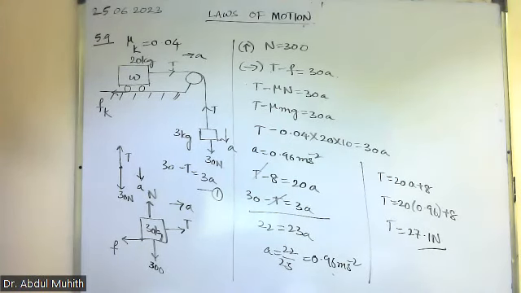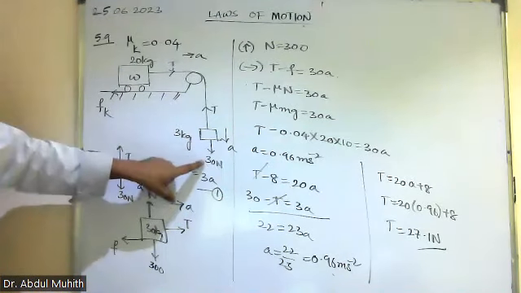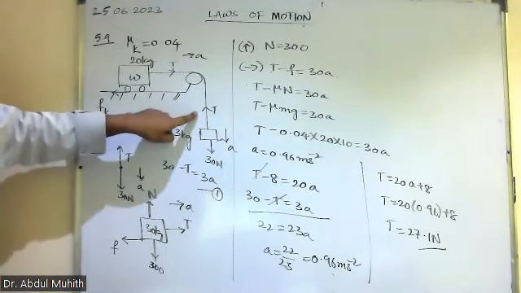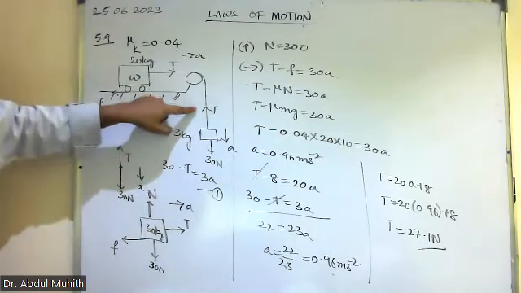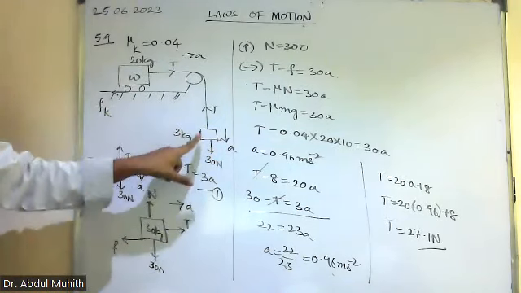Sir, can you say how you got 3A? See, 3A means resultant force. What is resultant force? Applied force minus frictional force is equal to resultant force. 30 minus T is equal to MA.